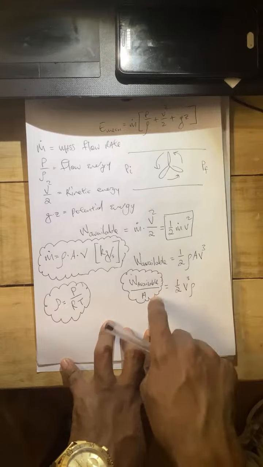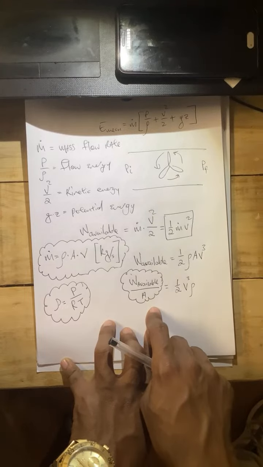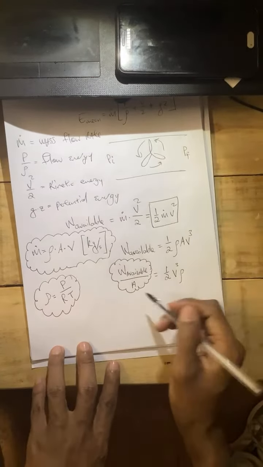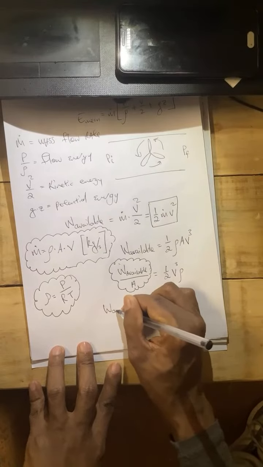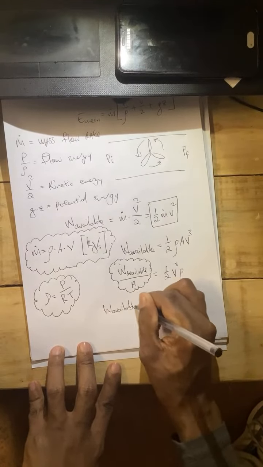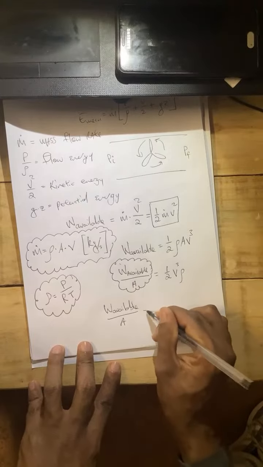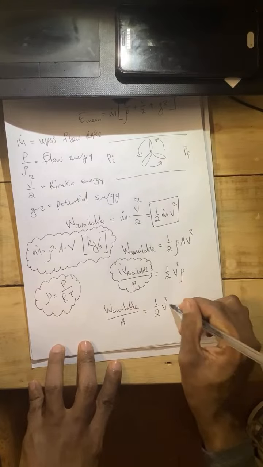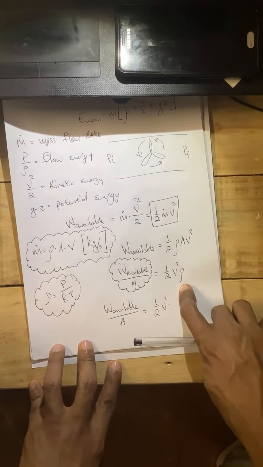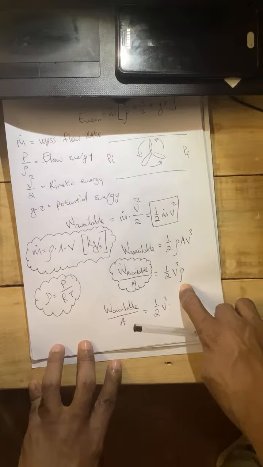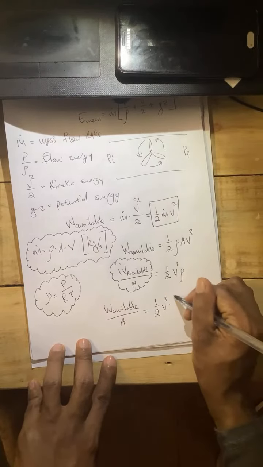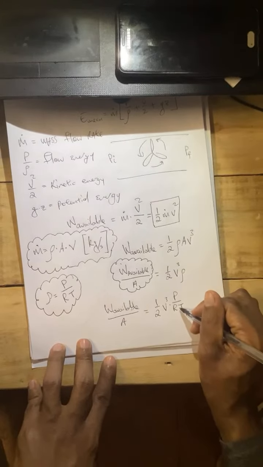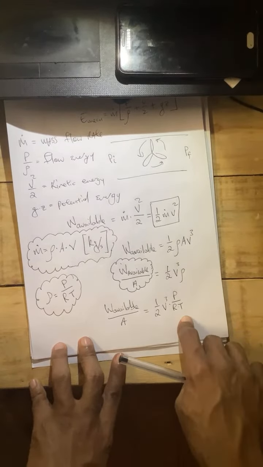Okay, and we refer to this as the power density right now. This density here can also be written as pressure over RT, where R is the gas constant, and T being the what?